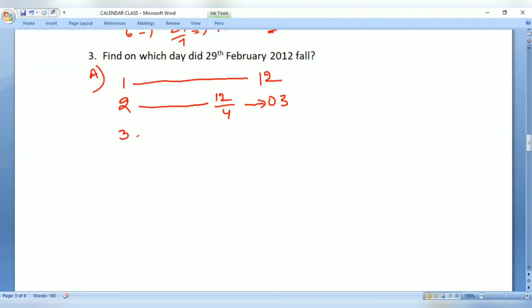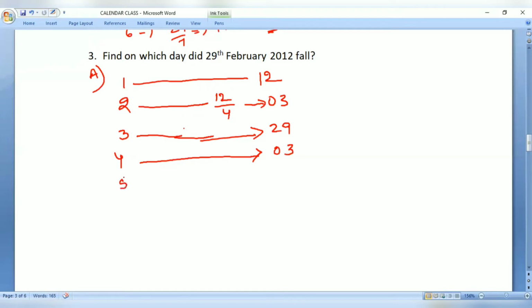Now step 3. Find out the date. The date says 29. Next, find out the code for the month. For the month of February, January, February, March, the code is 035, so the code is 03 again.